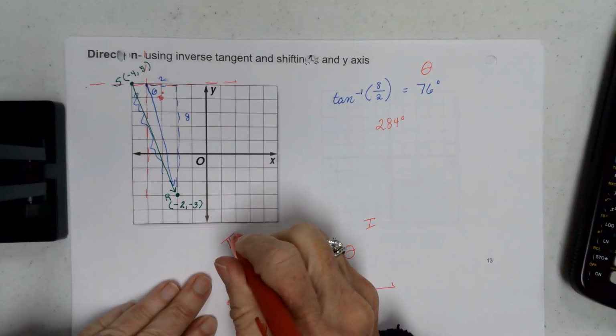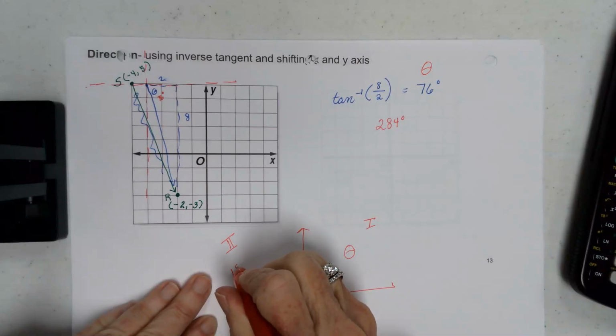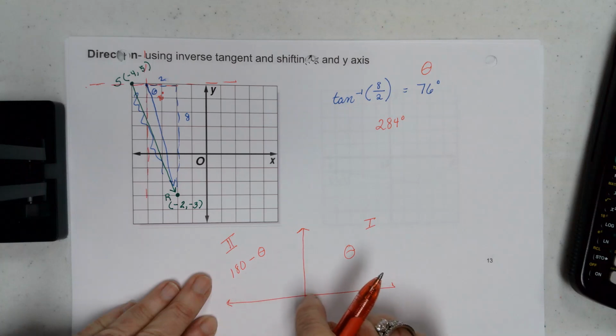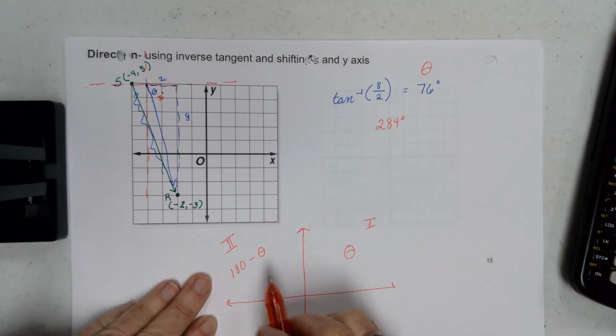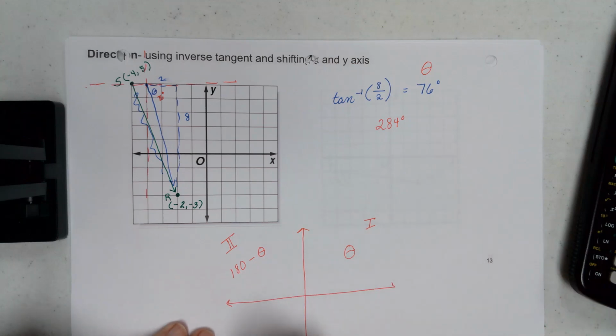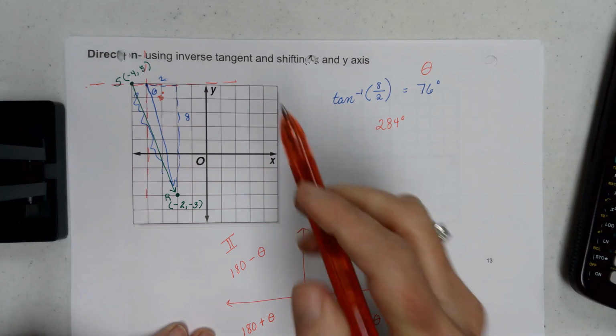If it is in the second quadrant, it's going to be 180 minus my theta, because I'm going to go backward the length of my theta, or my angle. If it is in the third quadrant, I'm going to take 180 plus my theta. If it's in the fourth quadrant, I'm going to take 360 minus my theta, which is what I did on this.